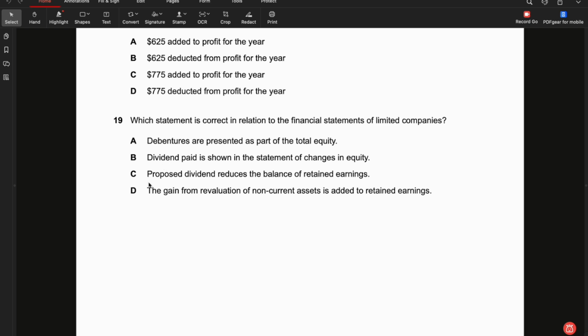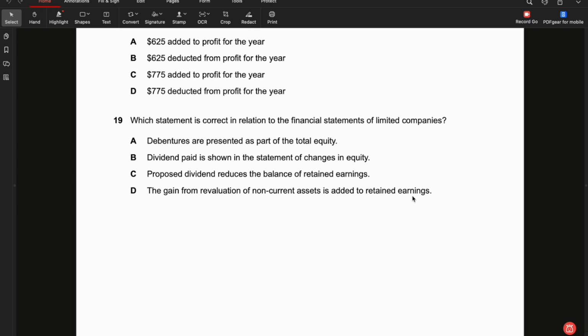Like question C, proposed dividend reduces the balance of retained earnings. So we do not write proposed dividend, so it does not reduce the balance. Only the dividend paid should be recorded. And number D, the gain from revaluation of non-current asset is added to retained earnings. Revaluation of non-current asset is a capital gain, so we'll write it under revaluation reserve.